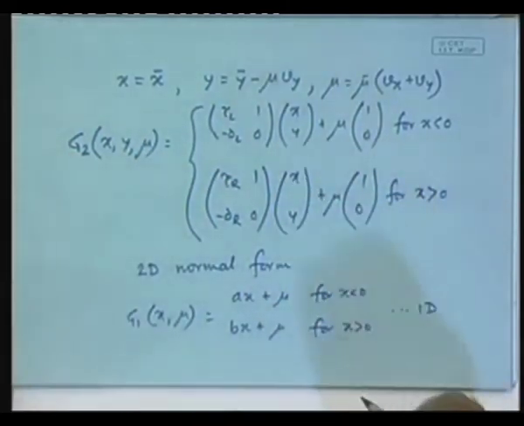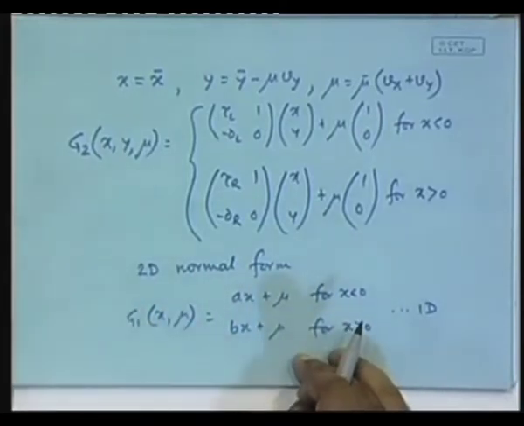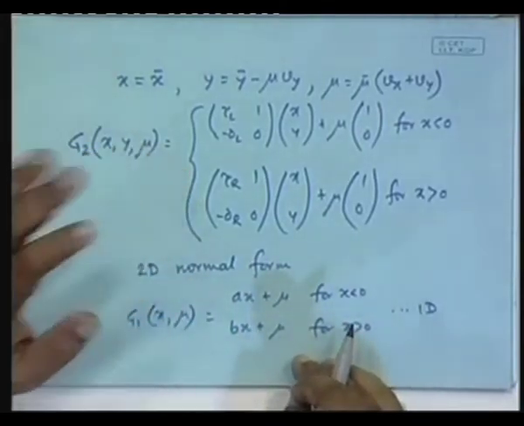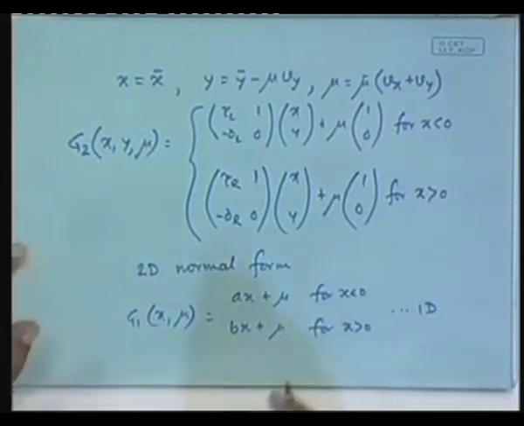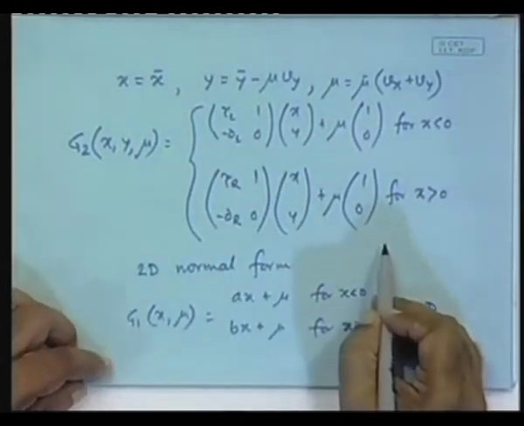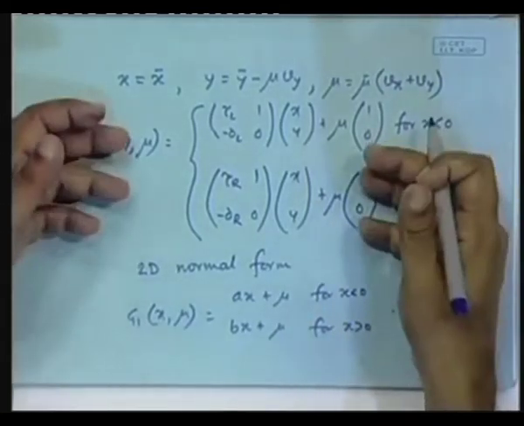How are they related? The derivation of the 1D normal form was far easier, but the 2D normal form, as you could see, needs a few steps. But the link is that if you consider in this 2D normal form the determinant is 0, then it becomes the 1D normal form.